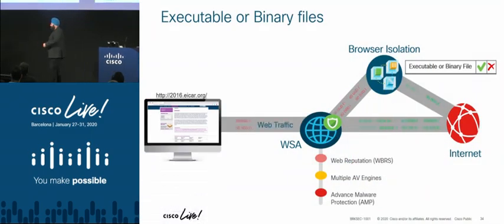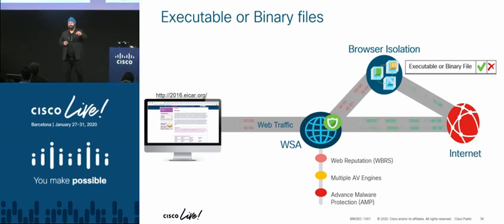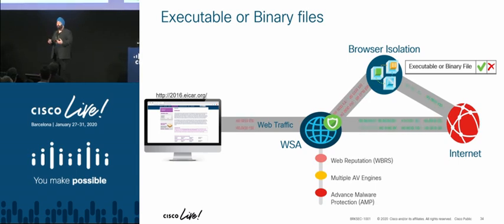Now there is an important aspect for files as well. When you're looking at files, you also have executable files. CDR as a technology would not take care of executable files because they do not have that much intelligence. That's where the solution you're using as web security down the line would take care of it, with whatever engines it has, like web reputation, anti-malware, or advanced malware protection.